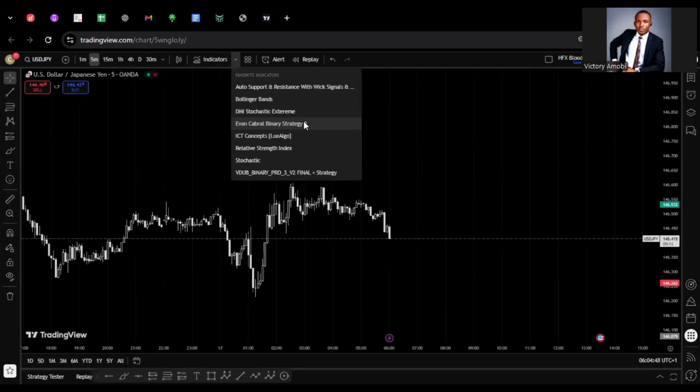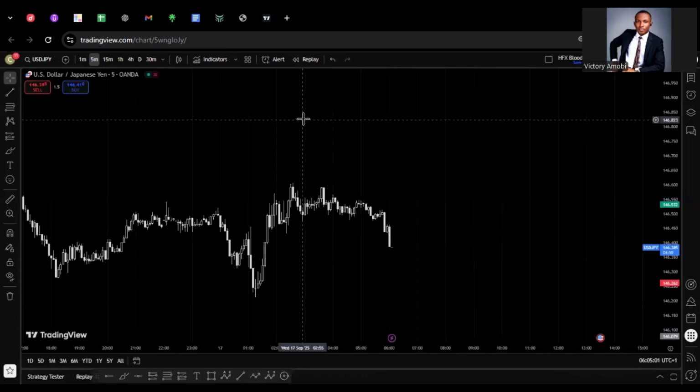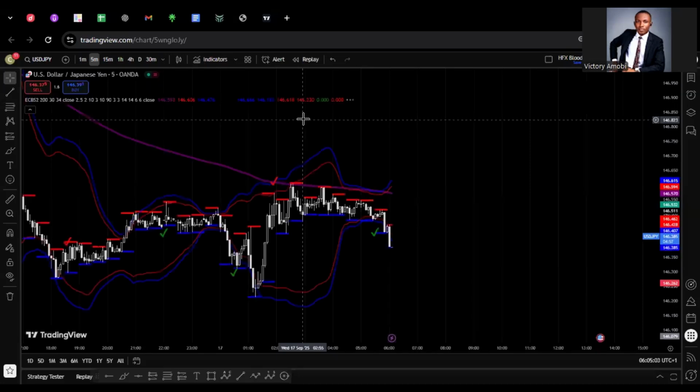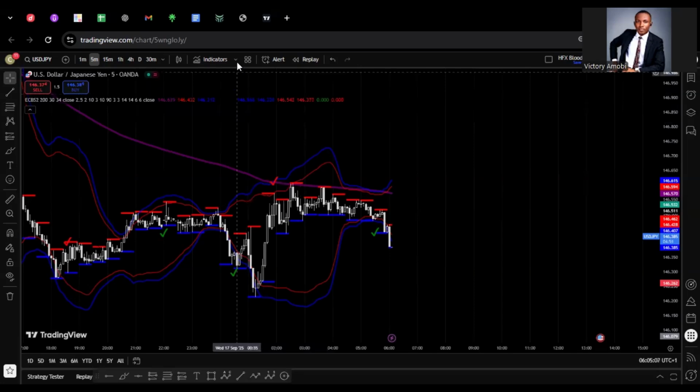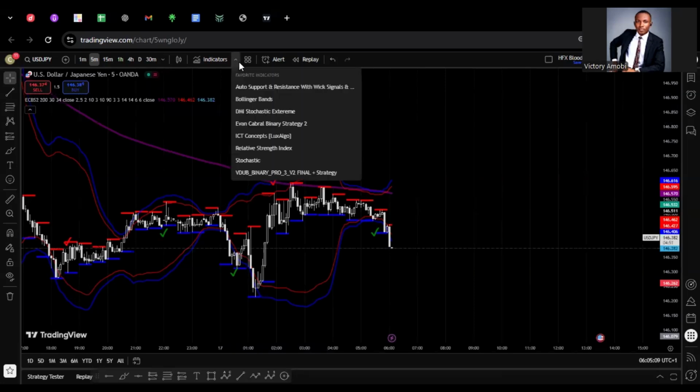Apart from this indicator, you also need to pair with either your RSI or your stochastic. I'm going to have just two of them on the chart. Have the Evan Cabral. Don't worry, it's going to make your chart look a little messy.